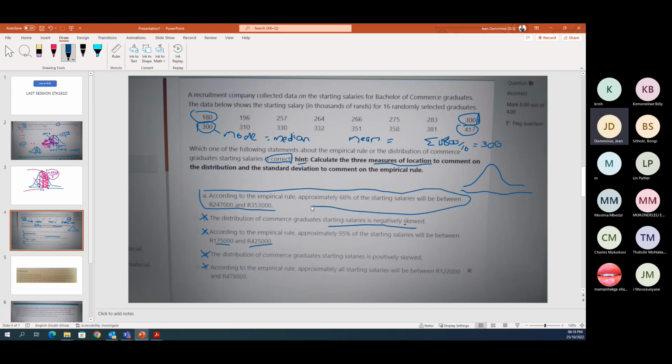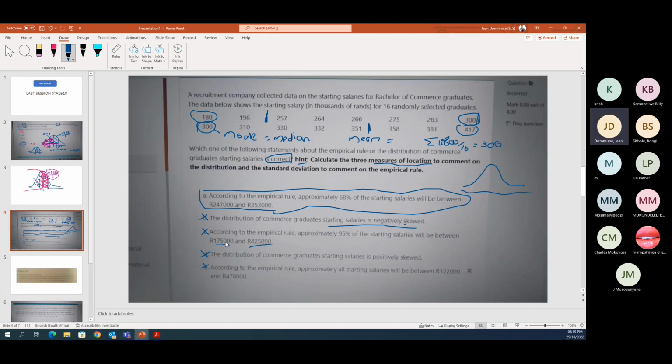And how you can check that is to say, okay, let's see, where is 247? 247 will be approximately there. 253 will be approximately there. So 1, 2, 3, 4, 5, 6, 7, 8, 9, 10, 11 of the 16 variables lie between that, and that is approximately 68%.